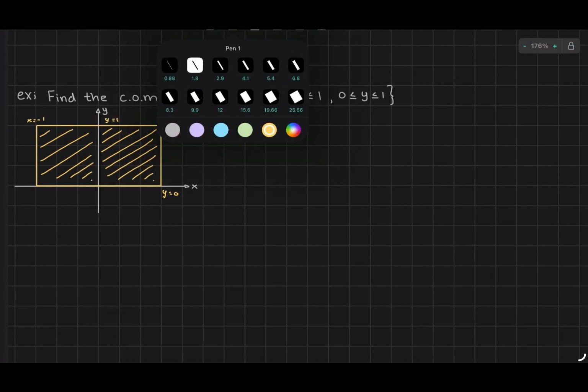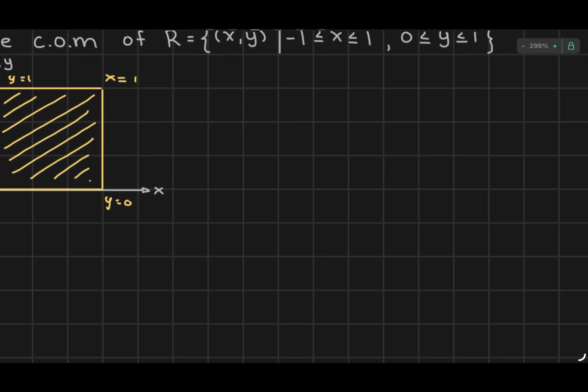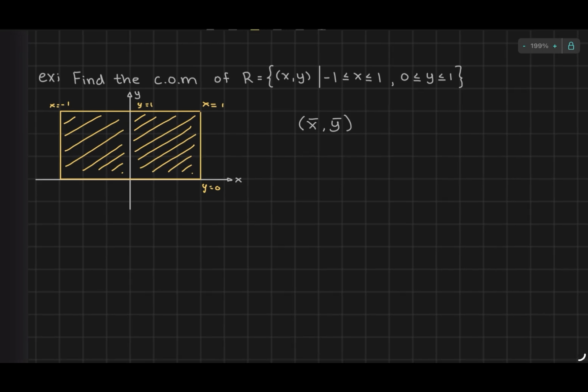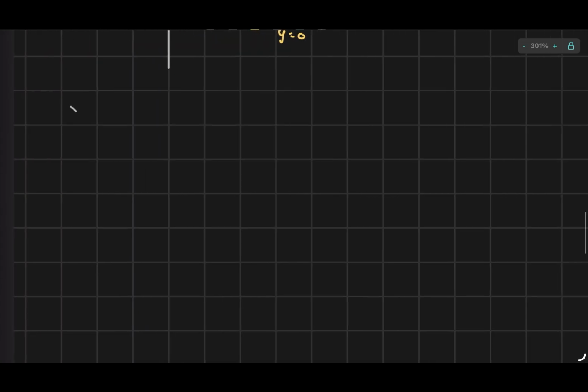So, what are our formulas here? Well, we're trying to find our x and y, kind of hat. What is the formula for this? Well, we just saw that our x is going to be the moment with respect to y over the total mass, and our y is going to equal the moment with respect to x over the mass.